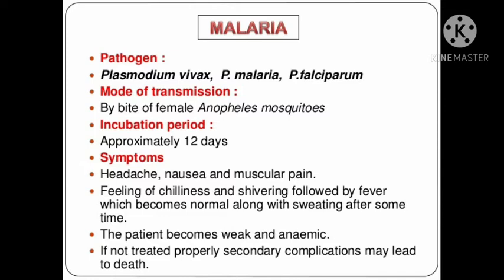The pathogen Plasmodium is transmitted by the vector, that is the female Anopheles mosquito. From the time of infection to the showing up of symptoms, there could be a lag period of around a week or 12 days.